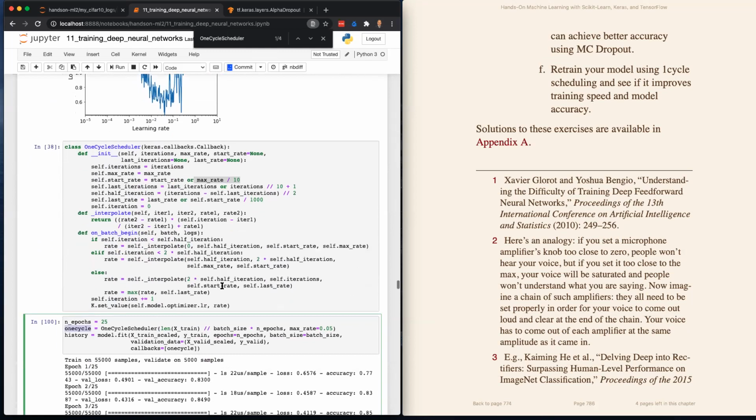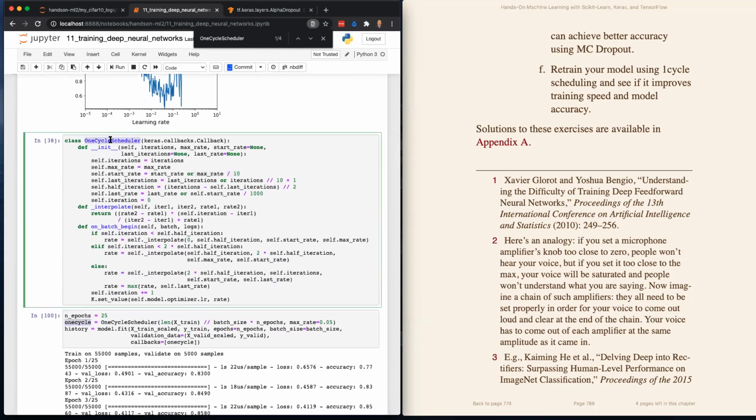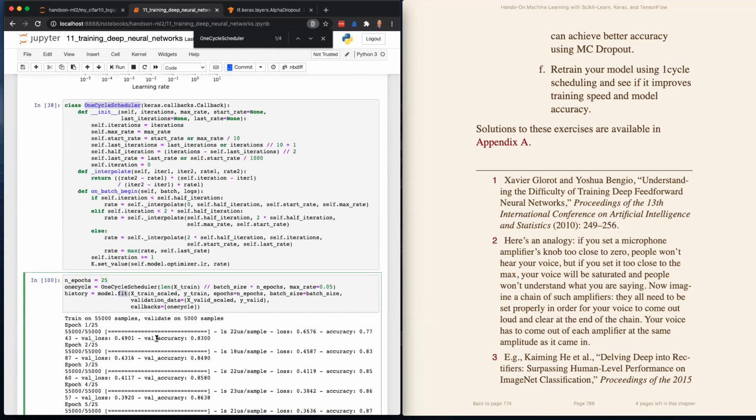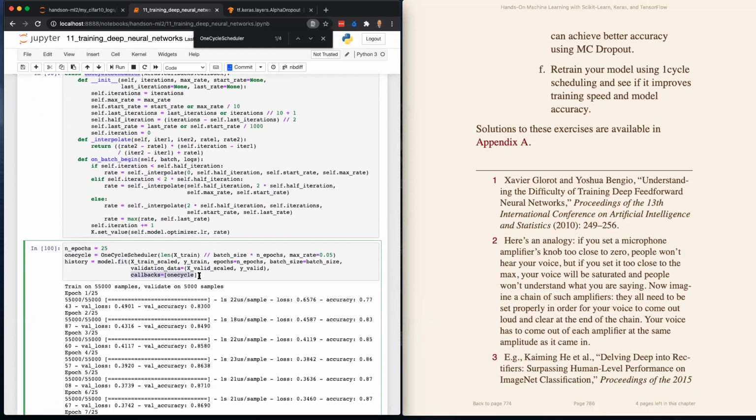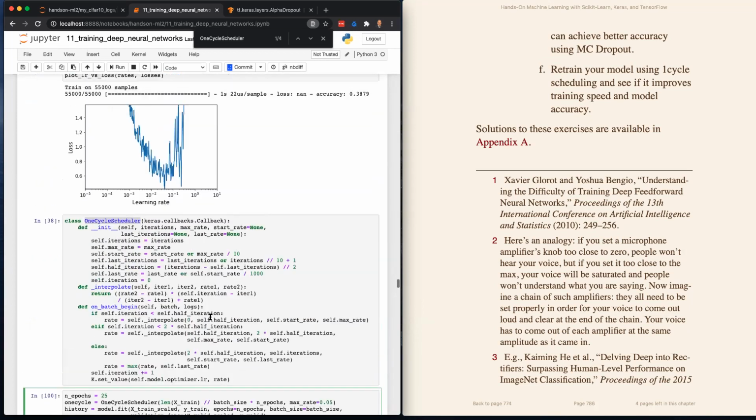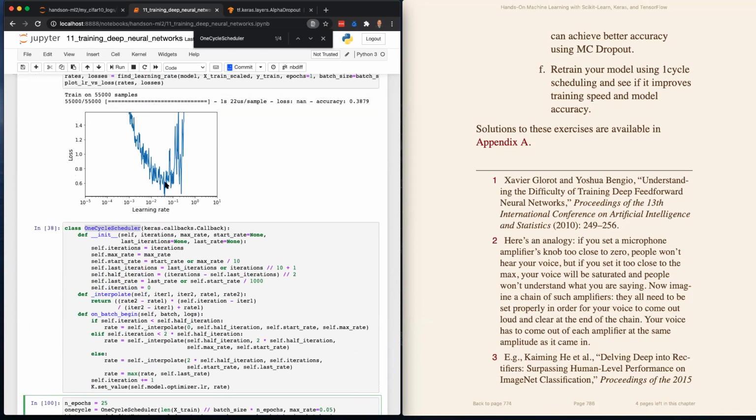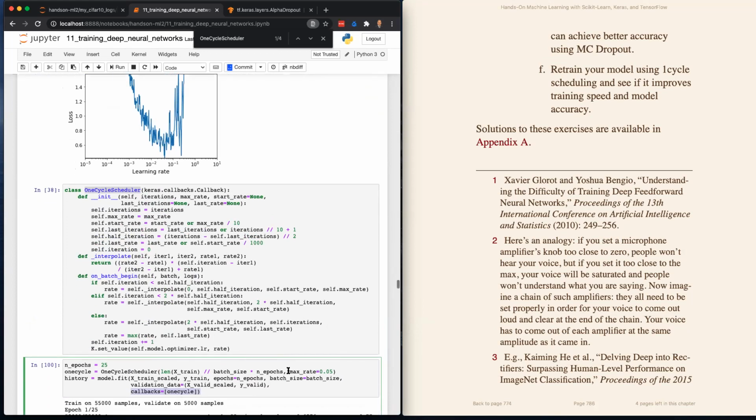However, this one cycle schedule is giving you the maximum value, and then you go 10 steps before and start feeding that into your training model. The initial graph gives you the max rate, so you just take from here and feed in here.